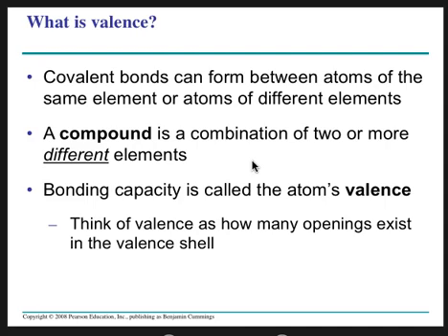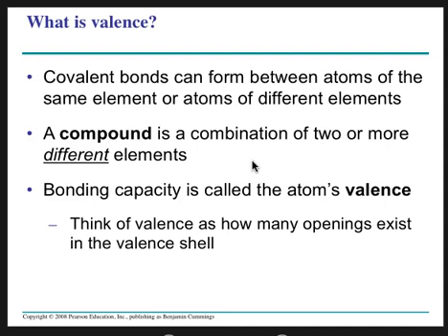Now, here's a word that's tricky. We talked about a valence shell. That was the outermost shell of an atom that had an electron in it. And we said that the electrons in that shell are called valence electrons. Now we have to talk about the openings in that shell.